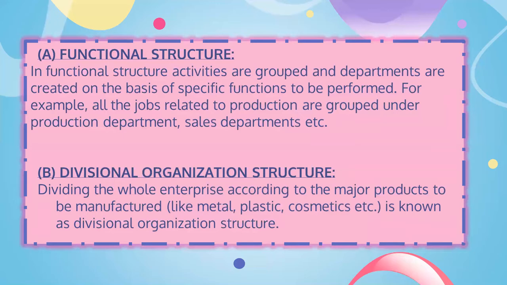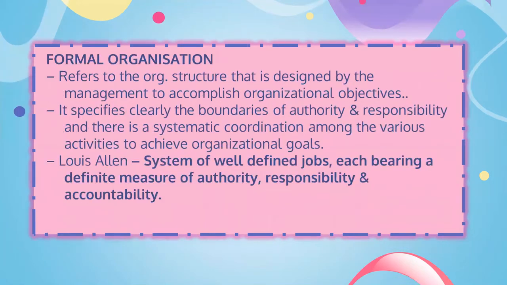There can be the raw material, then a tailoring department, a stitching department, a designing department, and different divisions. So when the organization is structured on the basis of division, it is a divisional organization structure, and on the basis of function, that is a production department, sales department, etc., it is the functional structure.